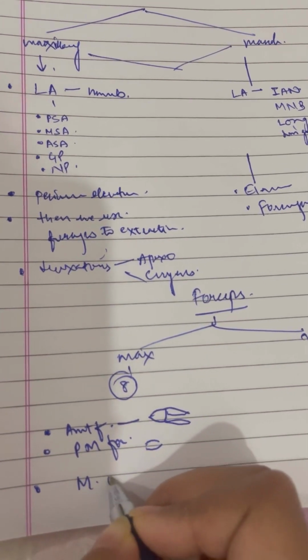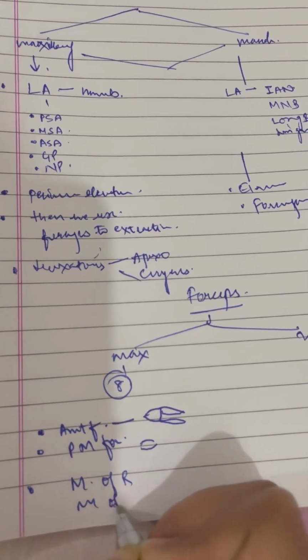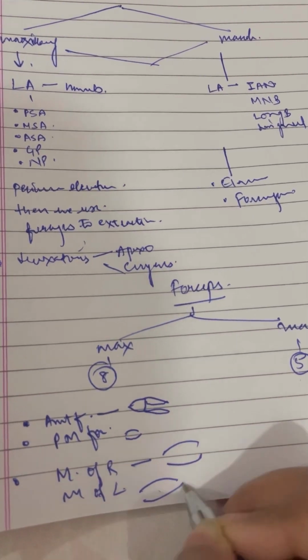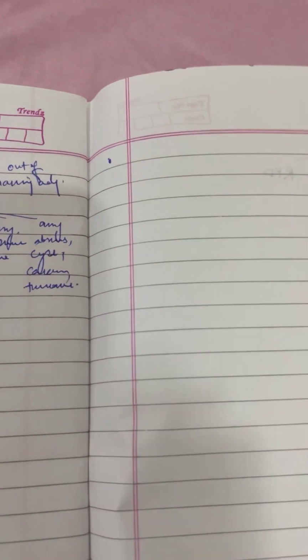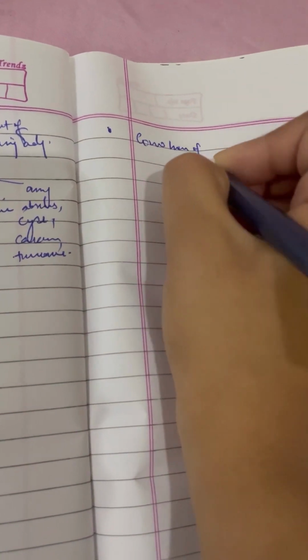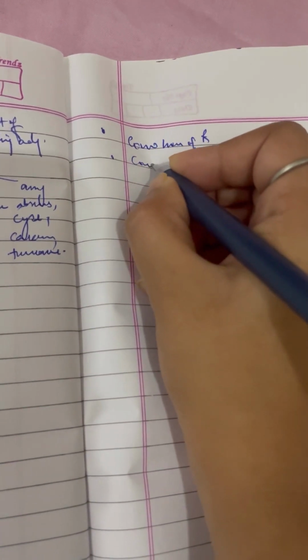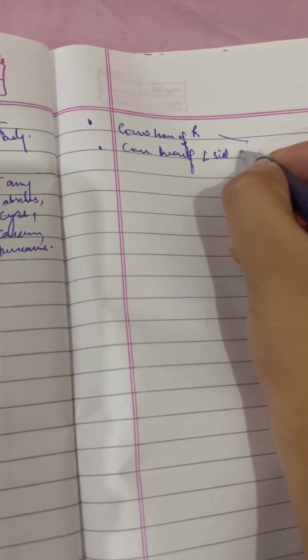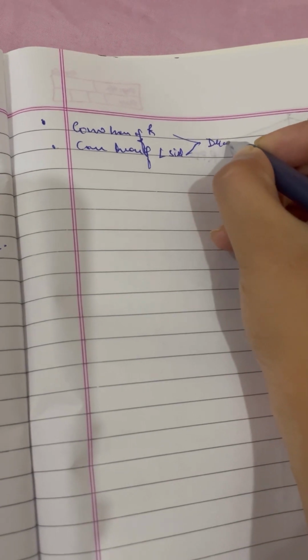Molar forceps of right side and left side have large space in between the beak, depending upon the size. Then the fifth one is cow horn of right side and cow horn of left side, used for decayed tooth.